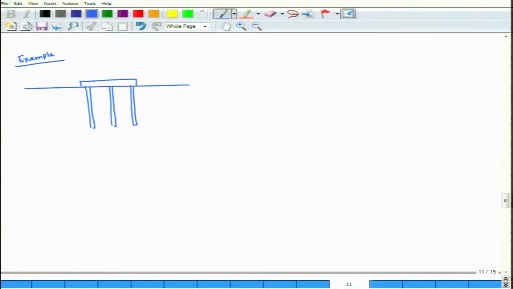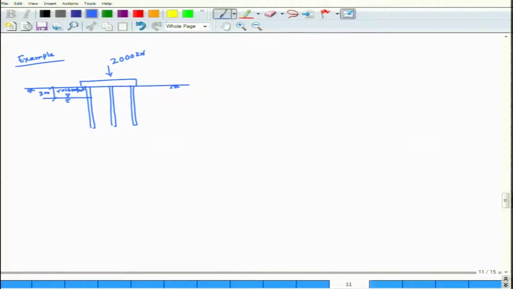The load on the pile group is 2000 kilonewton. There is a water table below 3 meter, with gamma equal to 16 kilonewton per meter cube.